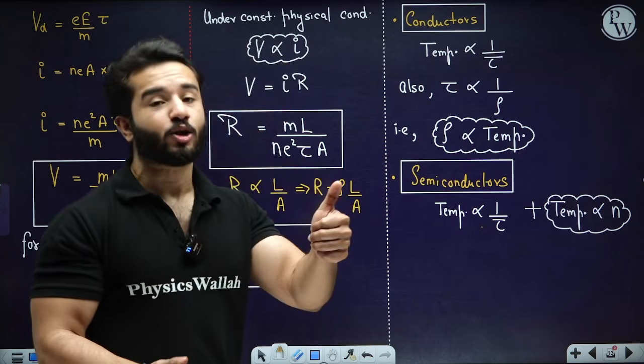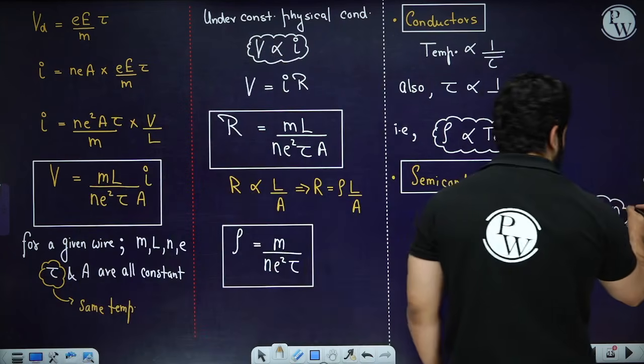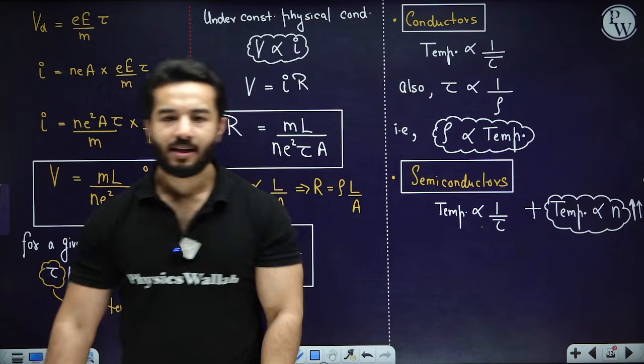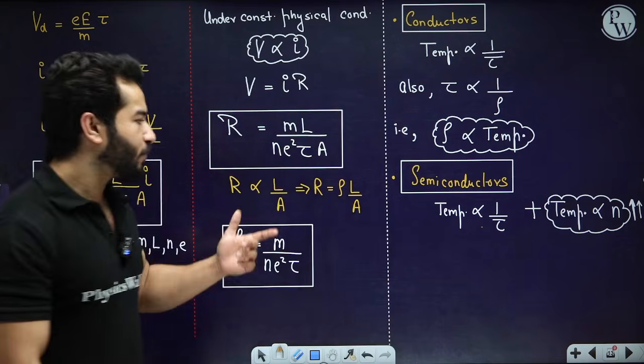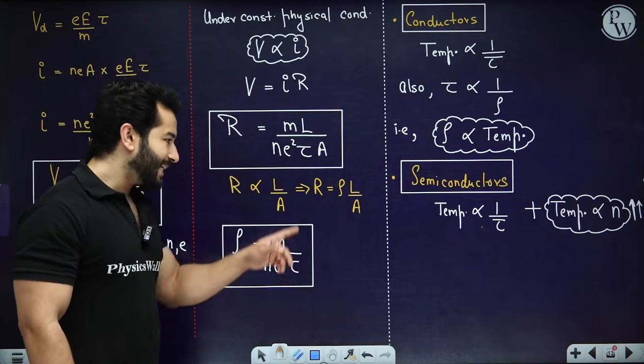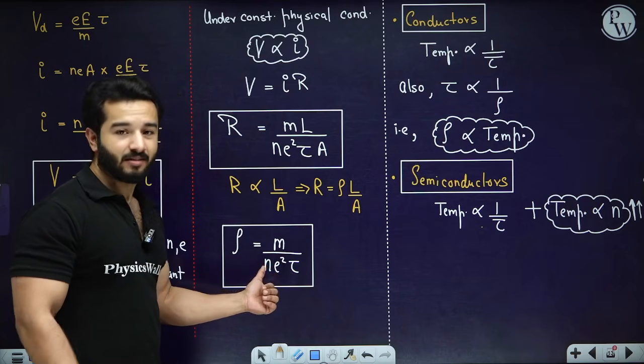So the number of electrons will change. And by the way, this factor overpowers the other. So two things are happening: with increase in temperature, tau is decreasing and N is increasing. Is that clear?